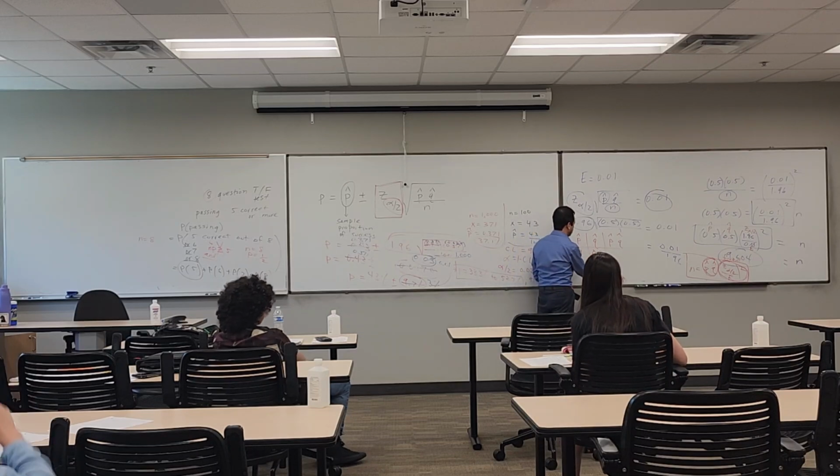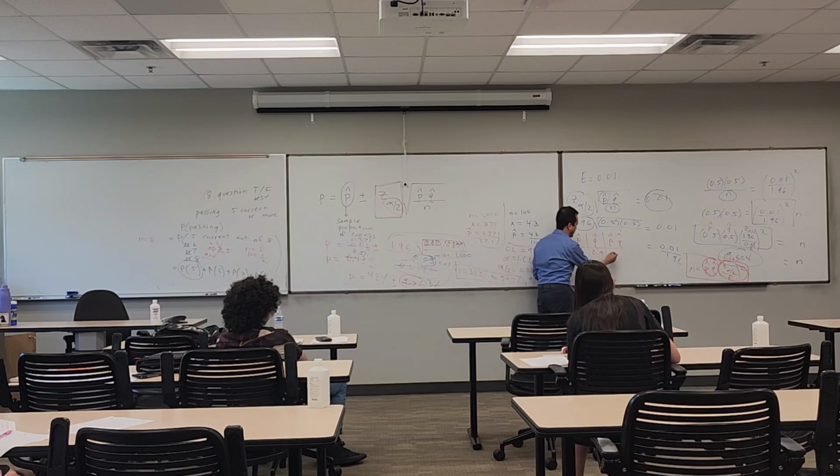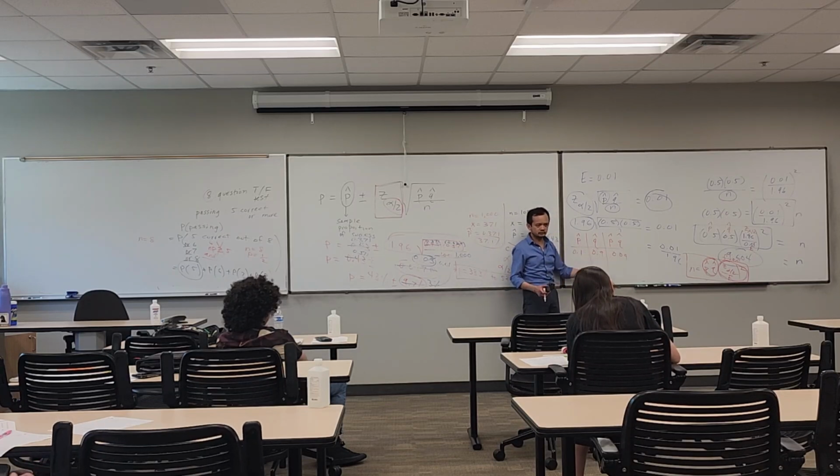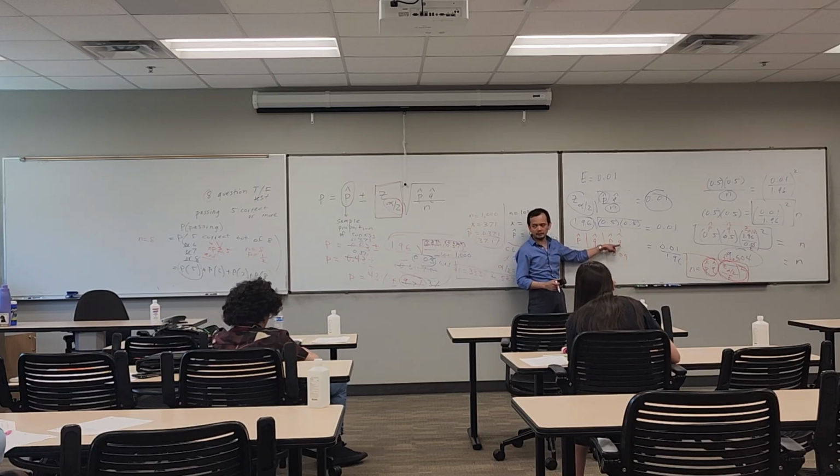And what would this product end up being? 0.09. So the question is, can you pick p hat so that the resulting product, p hat times q hat, is bigger than 0.09? Yes. And the question is, what should that value of p hat be so that this product is as large as possible?